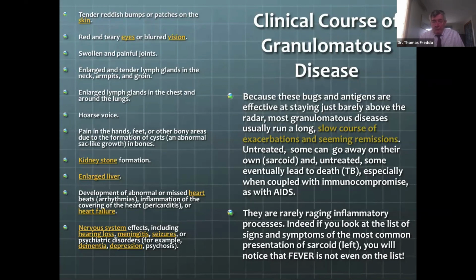Untreated, some can go away on their own, like sarcoid, and untreated, some eventually lead to death, as can be the case with TB, especially when it's coupled with the immunocompromise of AIDS. As many of you know, if any of you were in South Africa, you know that down there, these two go together hand in hand. Unfortunately, it's often the case that AIDS weakens them, TB gets to them, and they ultimately die of TB.